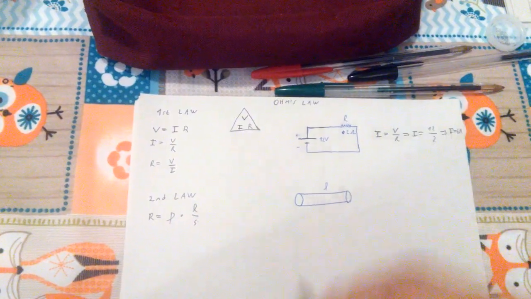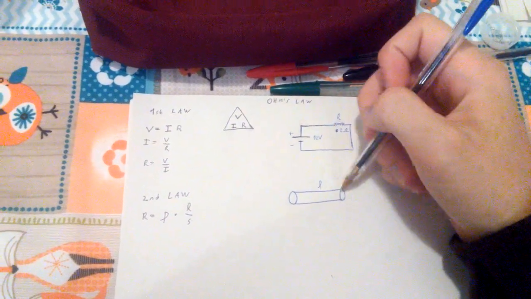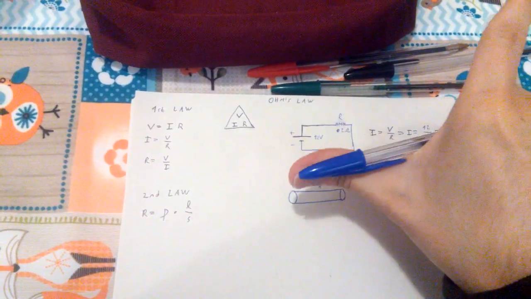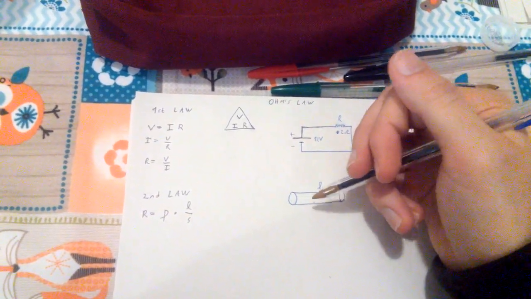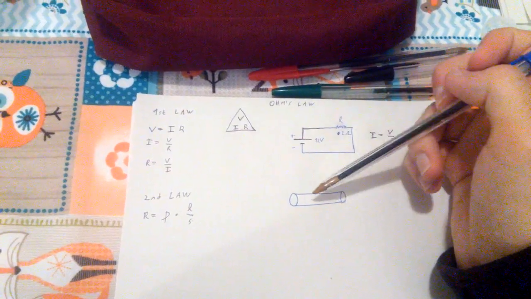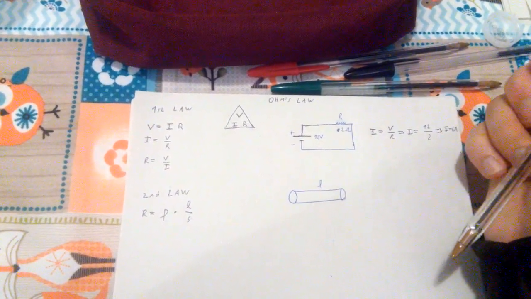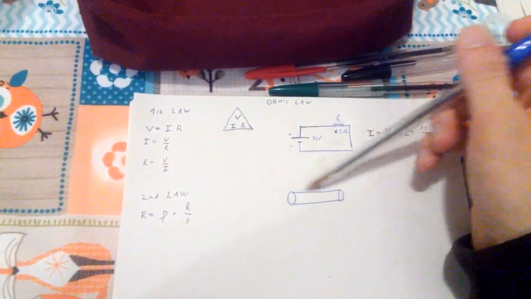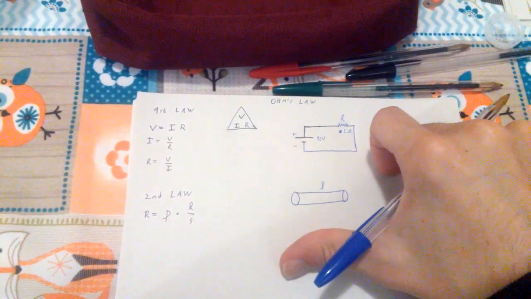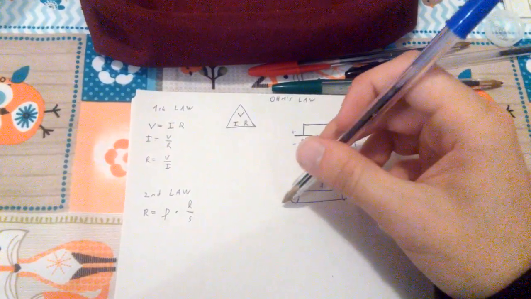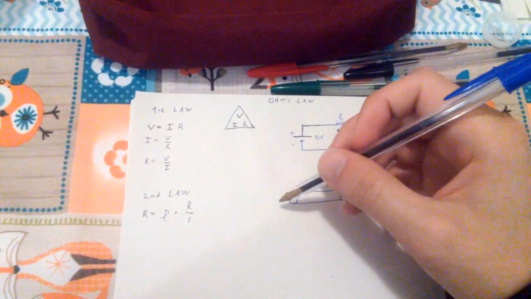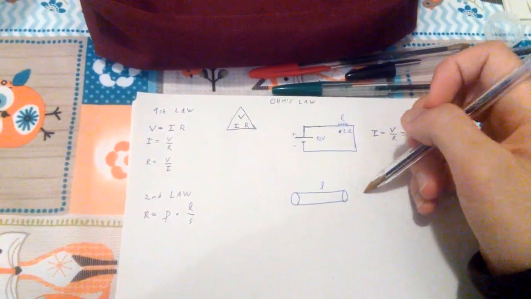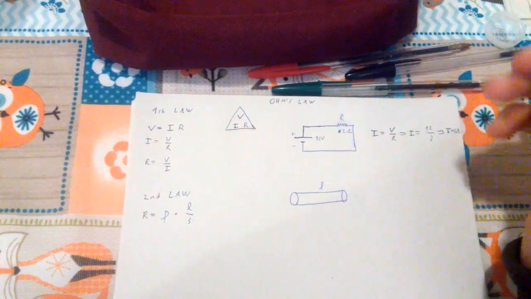If we have a longer resistor, so this one gets longer and longer, then the resistance is going to increase. It makes sense. If you make current flow through it and you make it longer, charges are going to have to go from here to here, and it's going to take longer for them to reach the other end. So the resistance is going to increase.